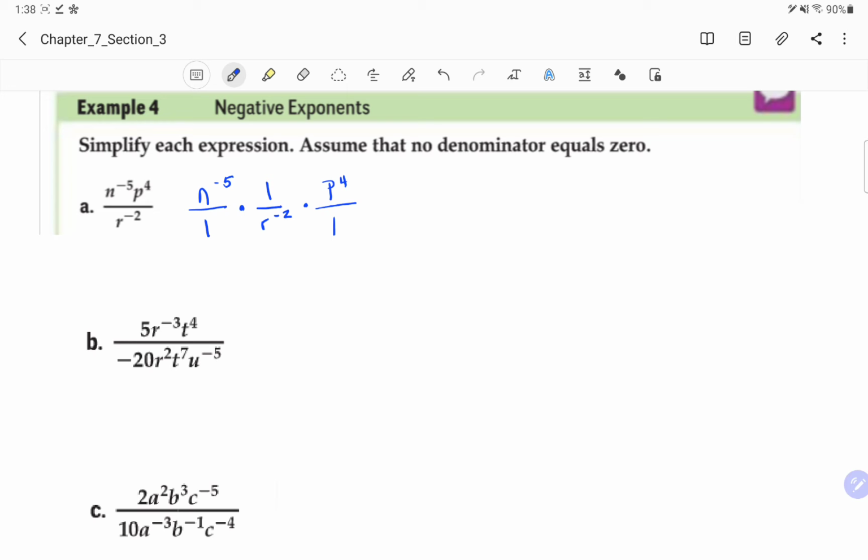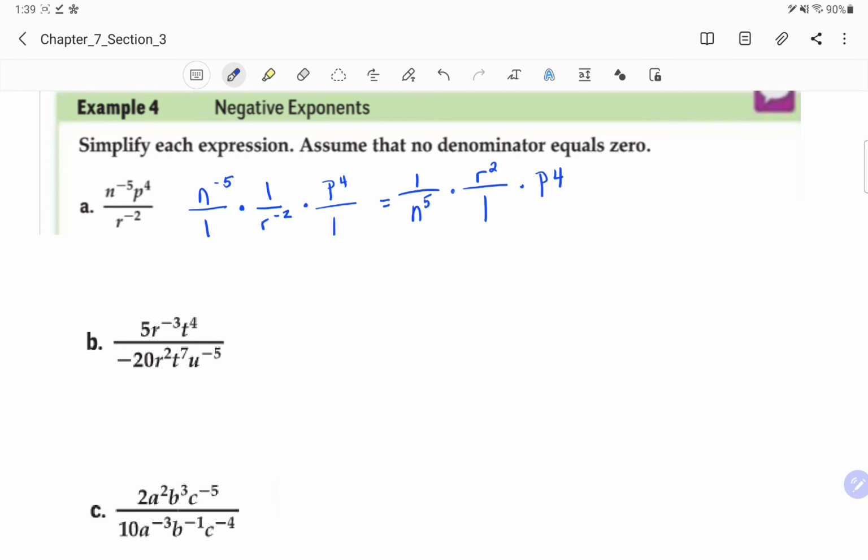Okay. To do this, I'm going to flip n to the negative 5th over 1 is going to become 1 over n to the 5th times the r to the 2nd needs to come on top, and then p to the 4th does not need to move.